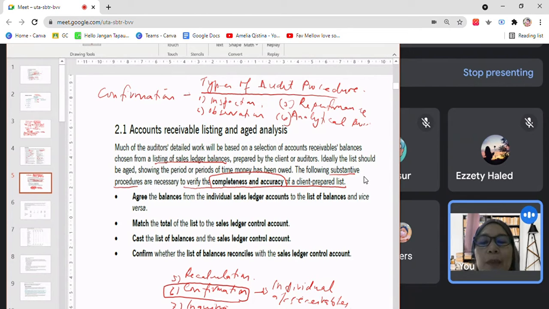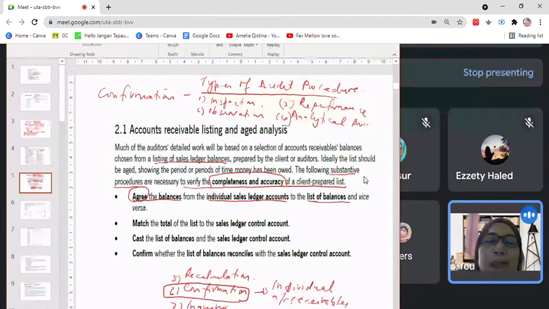Agree the balance. So you get the balance from the draft financial statement, and you take the individual sales ledger account in the account receivable ledger, and you trace to the list of balances.